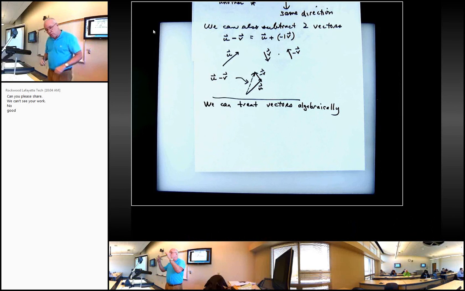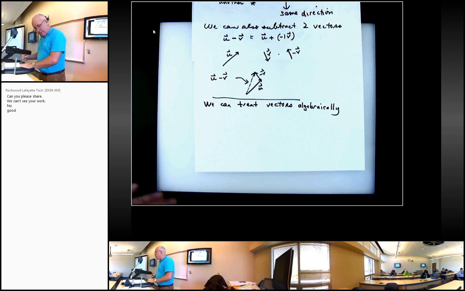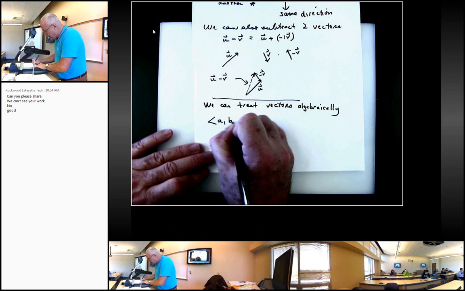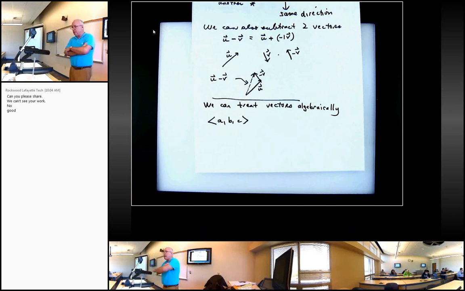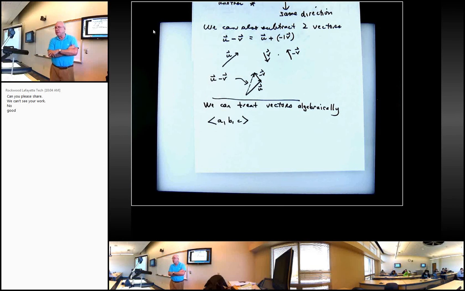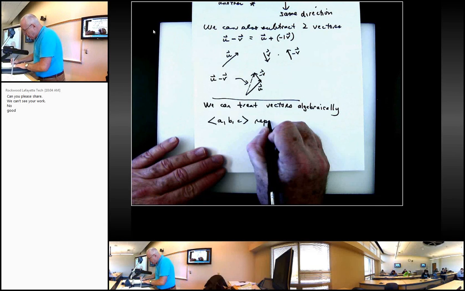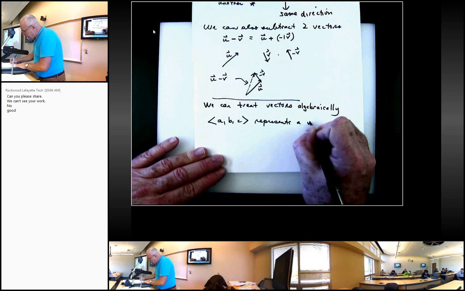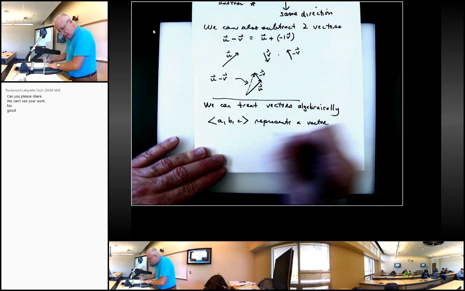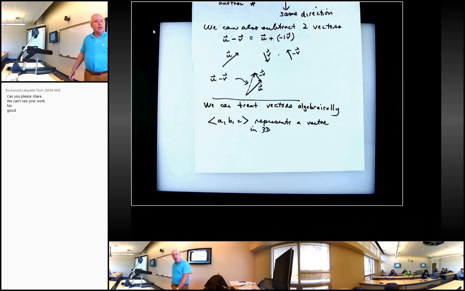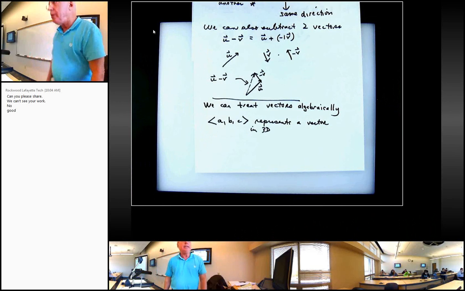We're going to use what are called angle brackets, like this, with our three number components, A, B, C, in them. So this represents a vector in 3D, three-dimensional.